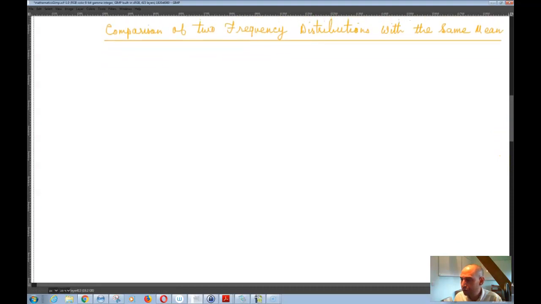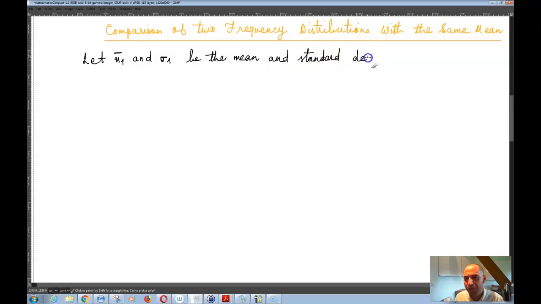So now let x1 bar and sigma 1 be the mean and standard deviation of the first distribution.